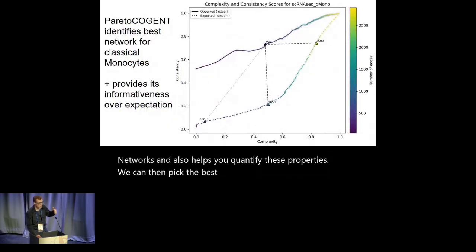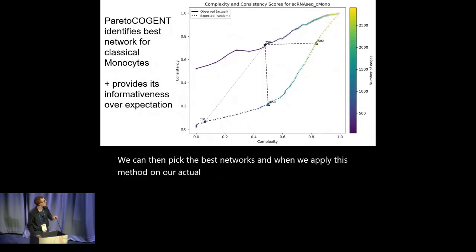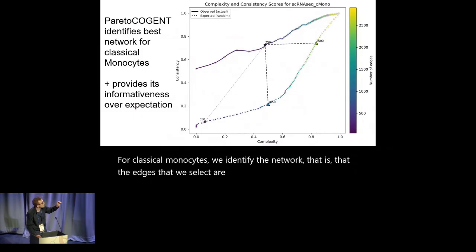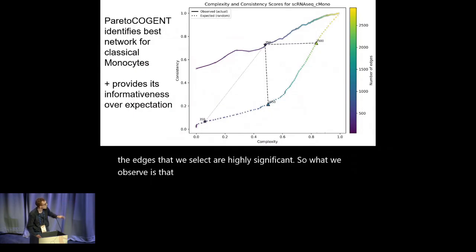And when we apply this method on our actual data, for classical monocytes, we identify the network, that the edges that we select are highly significant. So what we observe is that the dotted line at the bottom is the random expectation across different thresholds of density.